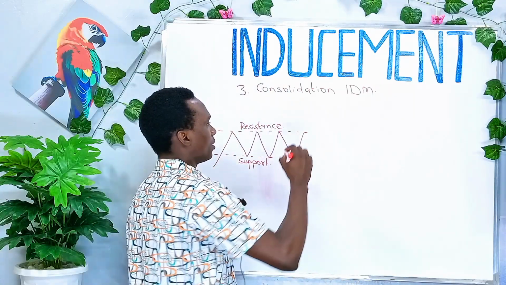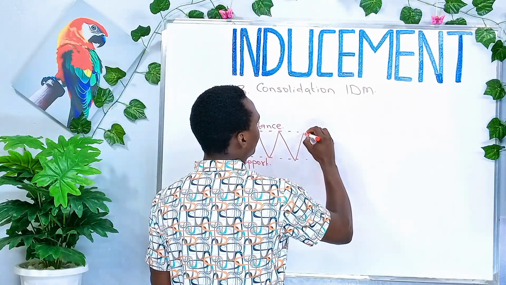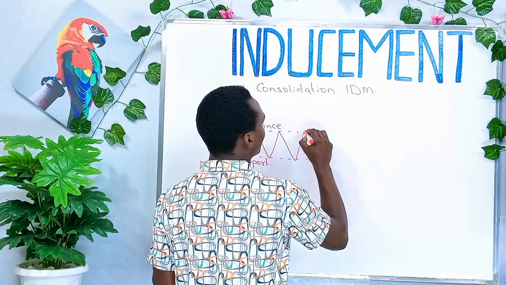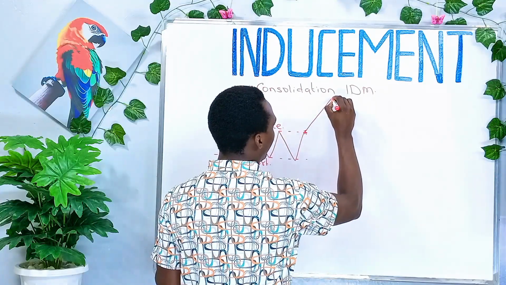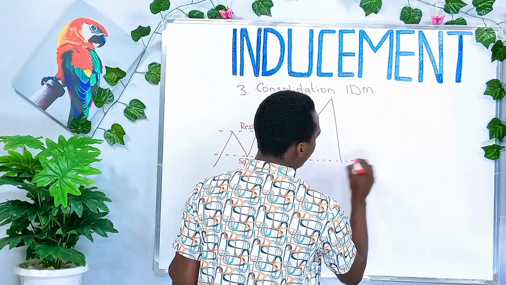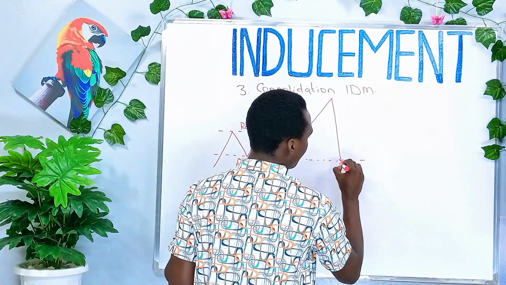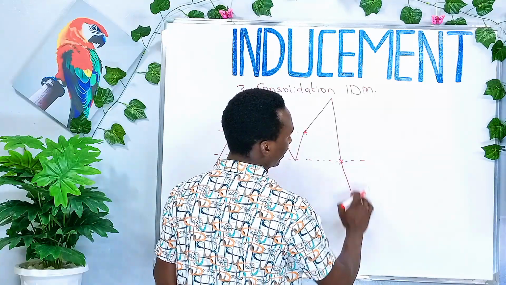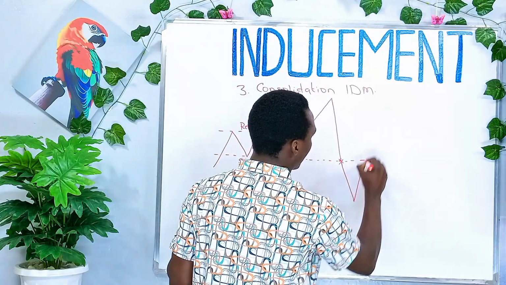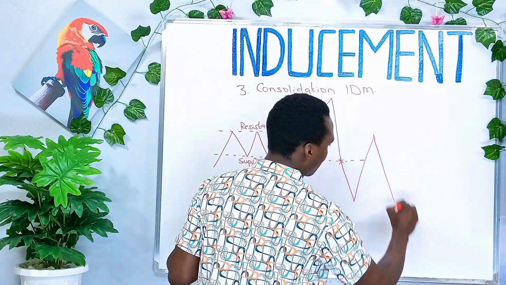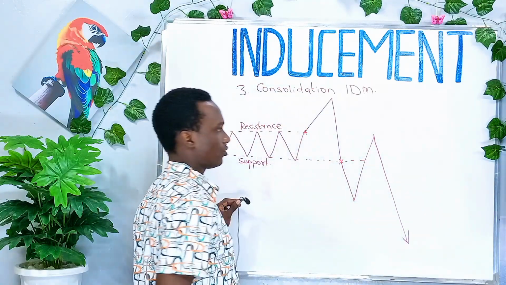The price moves and causes a break of this structure, goes higher, comes back into that range, breaks out of the structure again, goes low, taking all this liquidity, comes back into that structure, and then gets a bearish move to the downside.